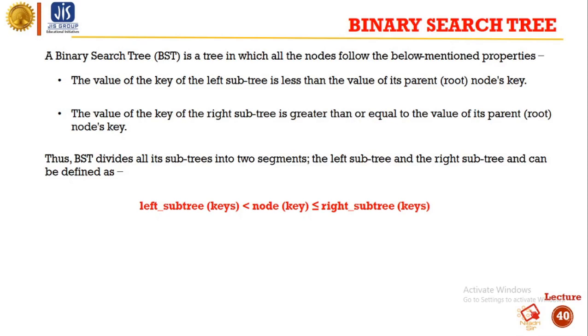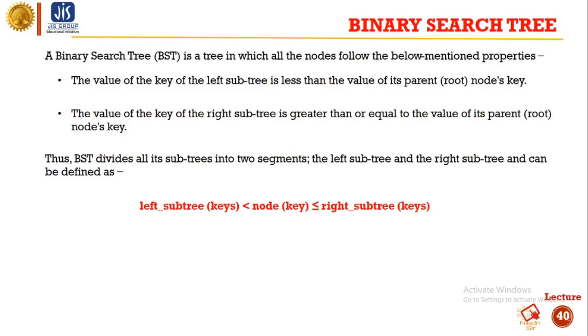Thus, a binary search tree divides all its subtrees into two segments, the left subtree and the right subtree, and can be defined as left subtree is always less than the node, and the node is less than or equal to the right subtree.